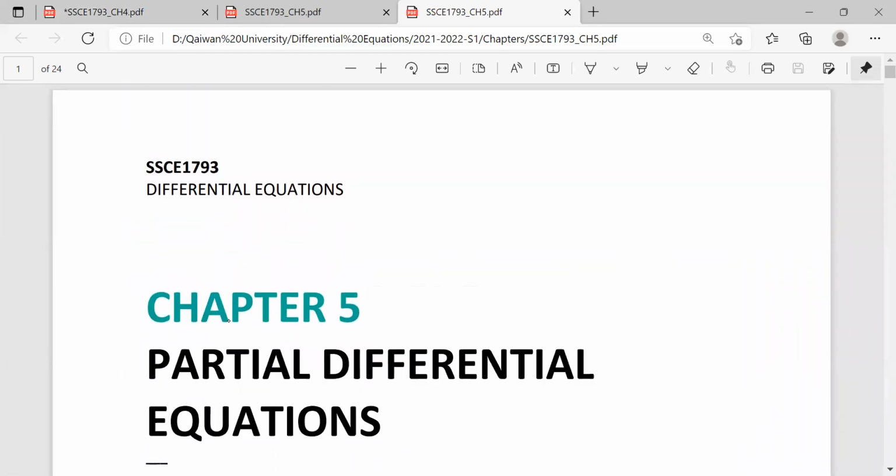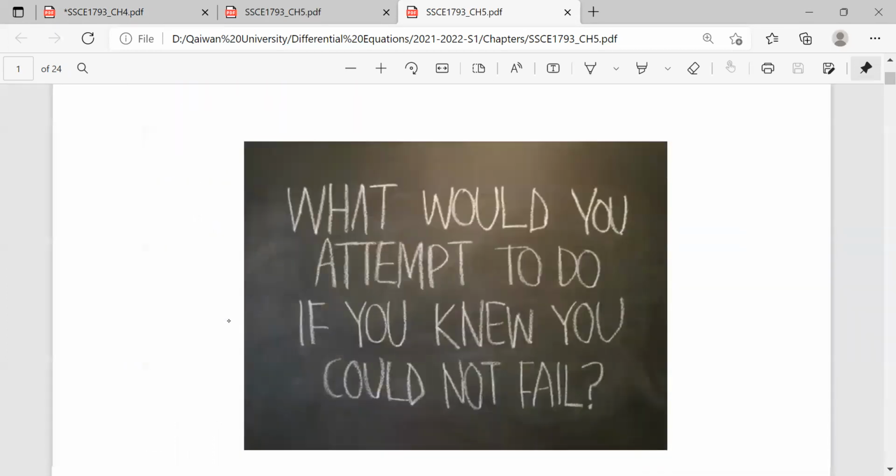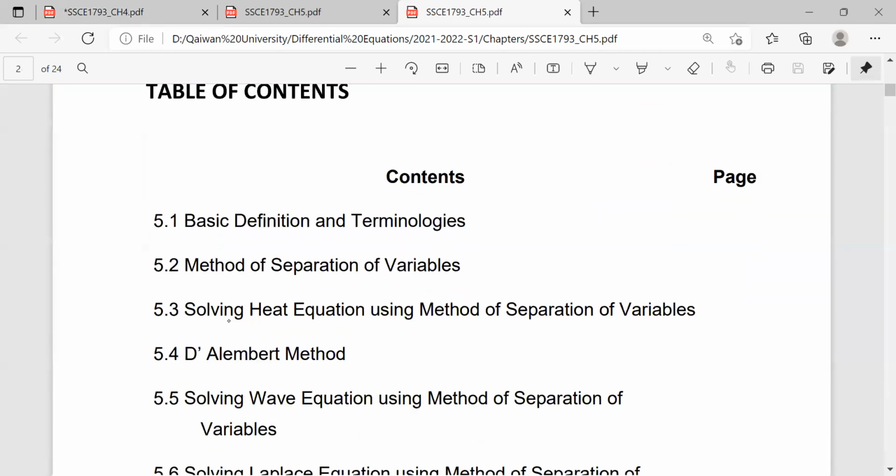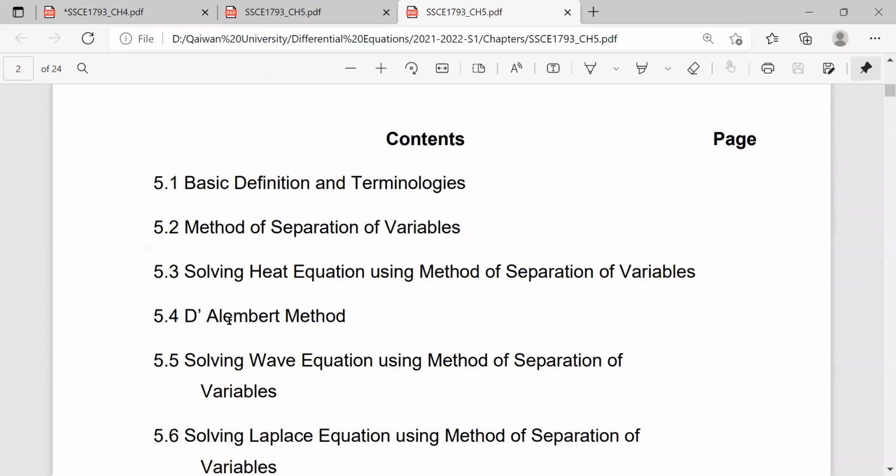This last chapter is about partial differential equations. Up to now, we talked about ordinary differential equations, but now we have partial differential equations. Here are the topics in this chapter. The first section is about basic definitions and terminologies.